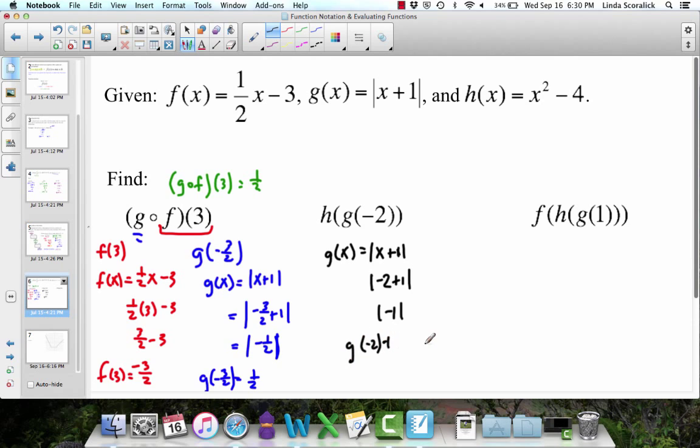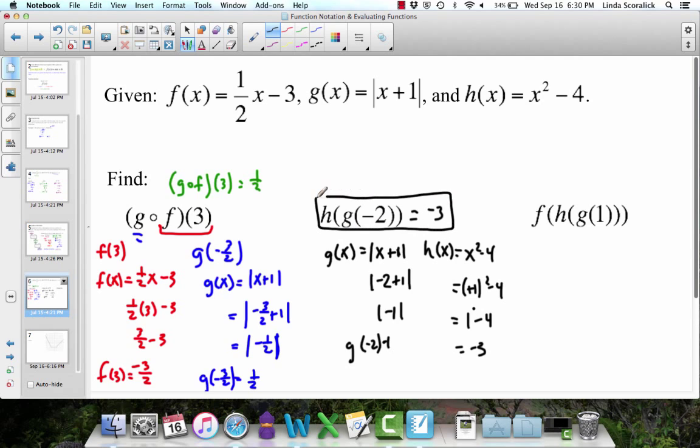So g of negative 2 equals 1. Take that 1 now and put it into the h function. H of x was x squared minus 4. So positive 1 squared minus 4. So 1 minus 4, which is negative 3. So hopefully you found that h of g of negative 2 was negative 3.